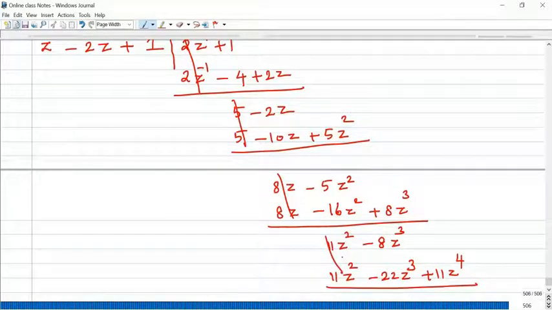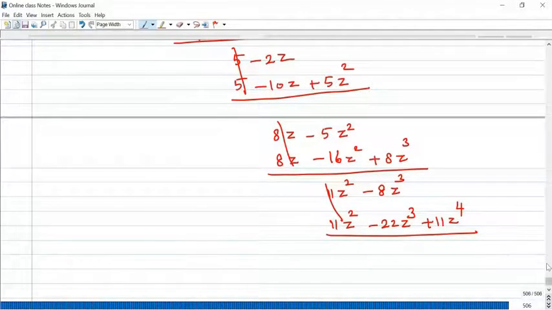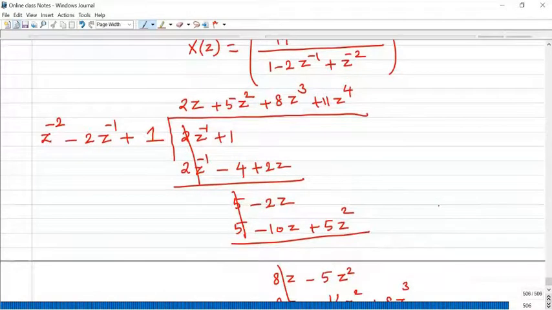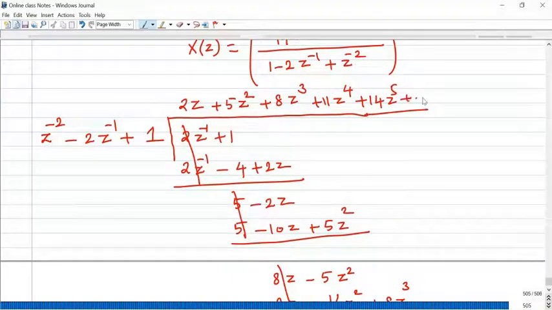Do the subtraction. This term will be cancelled. Then you will get 14z cube minus 11z power 4. Okay, and so on. So I suggest minimum 6 values you have to find out. So next factor we should select 14z power 5 and so on.